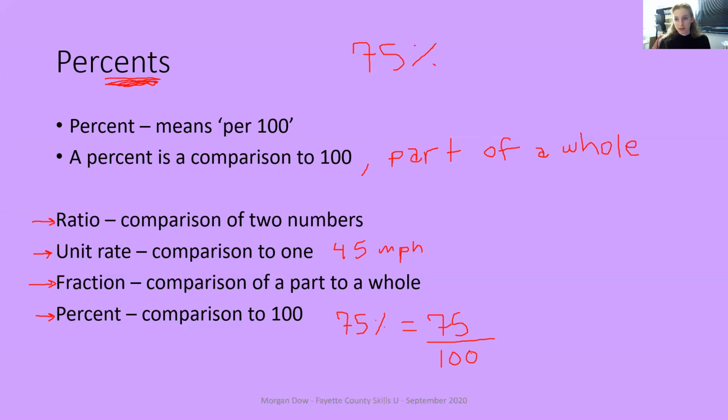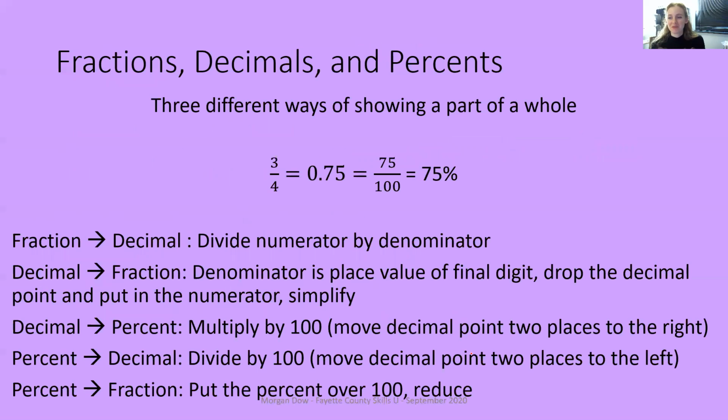So that means that we now have three different ways of talking about parts of a whole. We've got fractions, we've got percents, and what's the third type of number that talks about parts of a whole? Can you think of it? The third type of number is decimals.